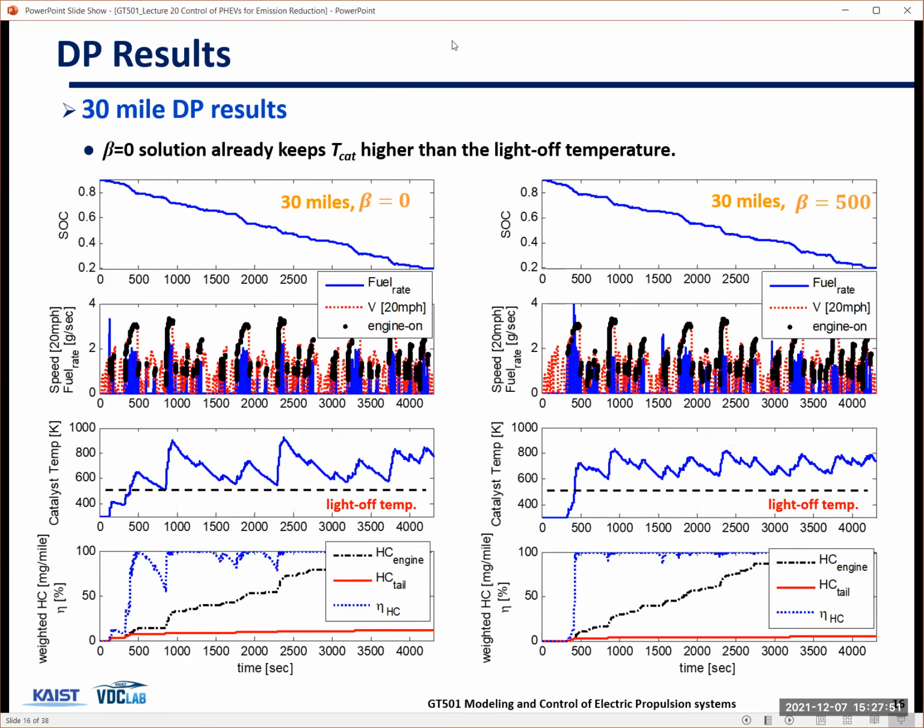Let's take a look at the 30-mile case, longer distance. Like I said, even if beta equals 0, even if the optimization cost function does not include emission, you already have to use the engine because you don't have enough energy from the battery. So you can see the converter temperature stays above light-off temperature because you have to use the engine.